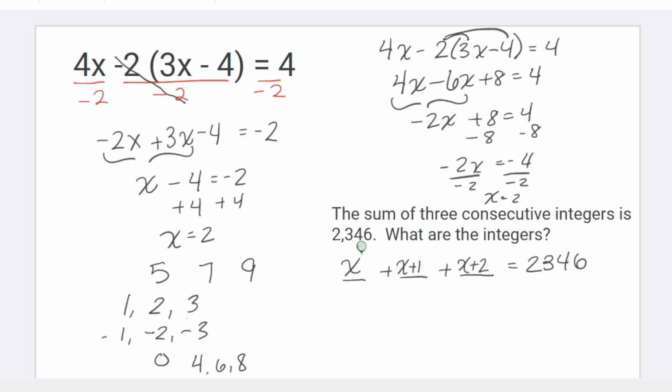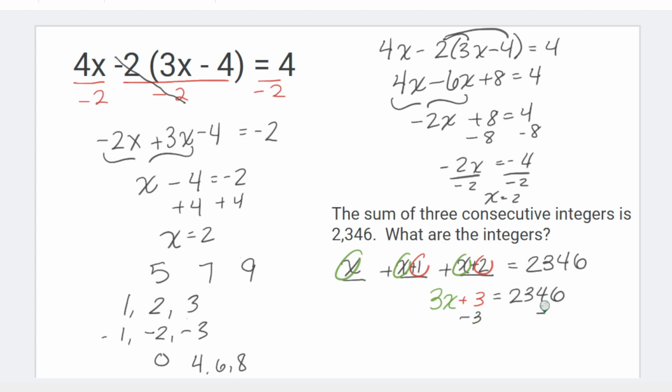So in order to solve this, I'm going to start by combining my like terms. So I notice I have three x's there, so I'm going to call that 3x. And the 1 and the 2 combine together to make a 3. And now this is just a two-step equation. So I need to undo the addition that's here.